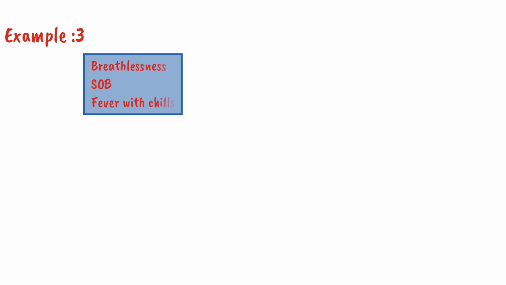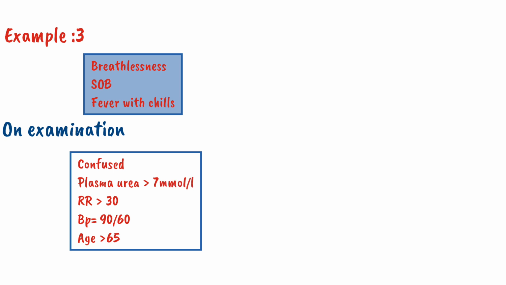Now come to the last example. For example, a patient presented to emergency with the chief complaint of breathlessness, shortness of breath, and fever with chills, and you calculate the CURB criteria. In this CURB criteria, you find out that the patient is slightly confused. The blood urea is greater than 7 millimole per liter. The respiratory rate is greater than 30 per minute, the blood pressure is about 90 by 60, and the age is more than 65.